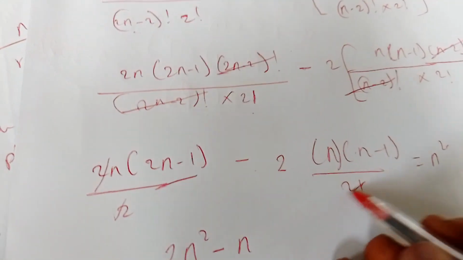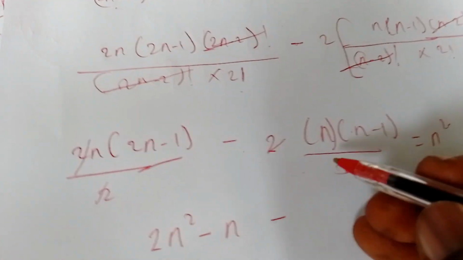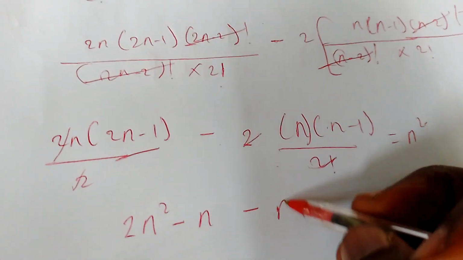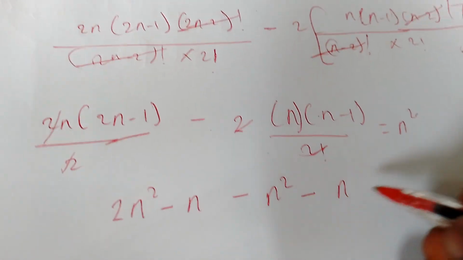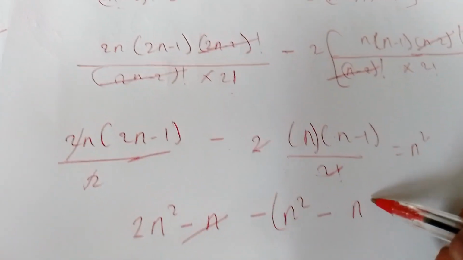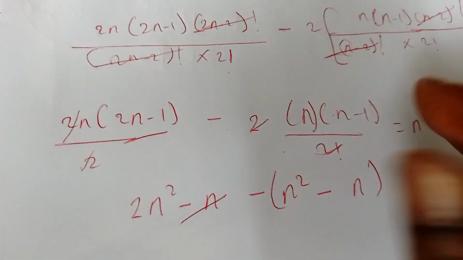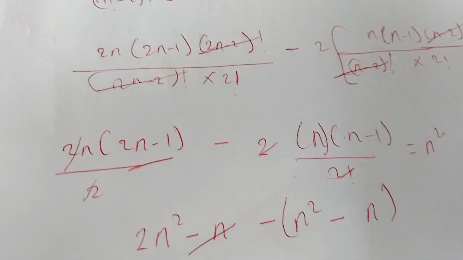Then we get minus 2, n squared minus n, in brackets.